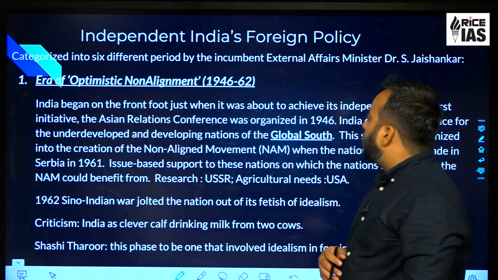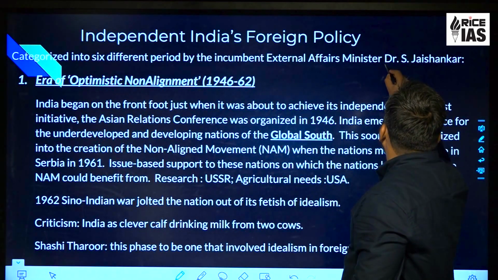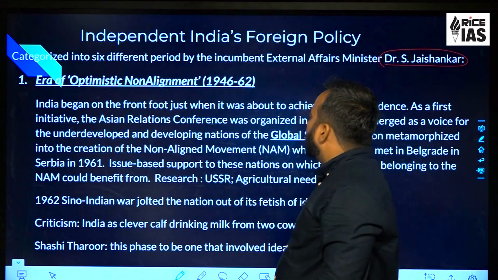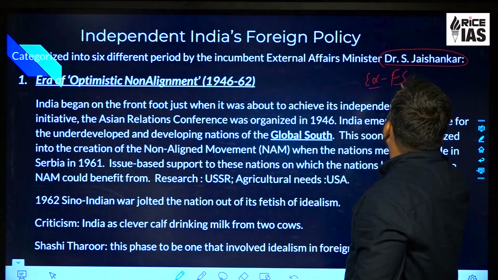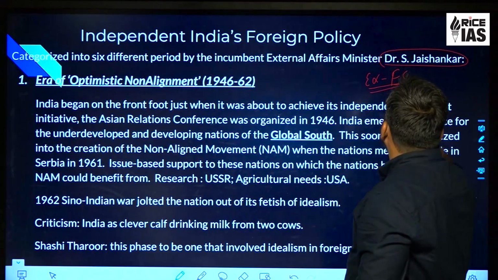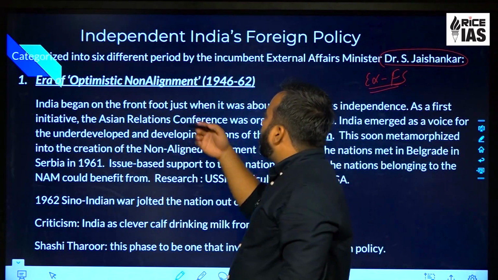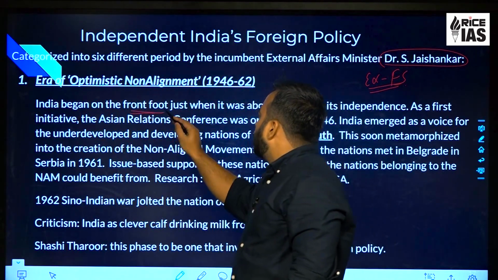So let's look at what the Philosopher King has to say. The ex-Foreign Secretary of India. Era of optimistic non-alignment. It was possible. Front foot.